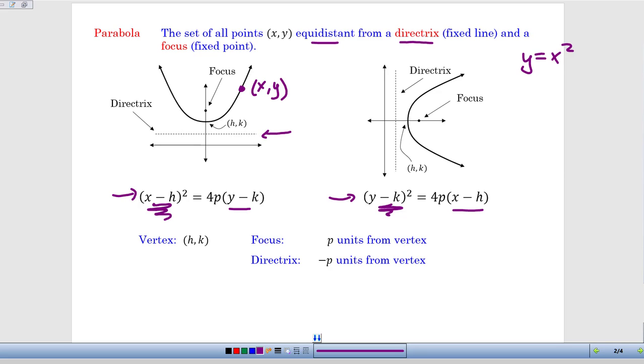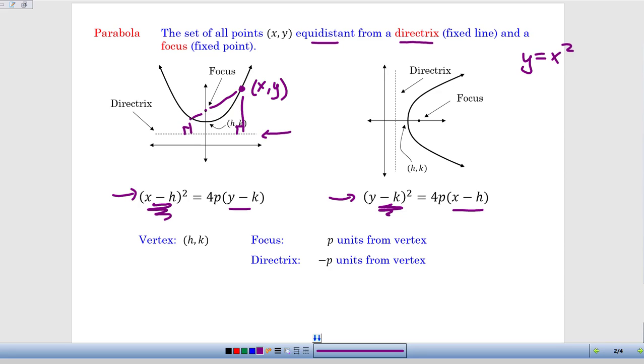So the points on the parabola are equidistant from this directrix line and from a focus point. The idea is that this distance and this distance are equal to each other. If I pick a new point somewhere over here, this distance and this distance are equal to each other, this perpendicular, straight line distance to there.